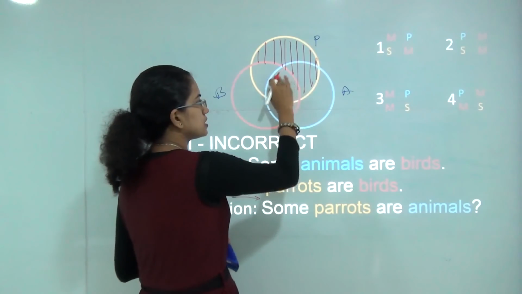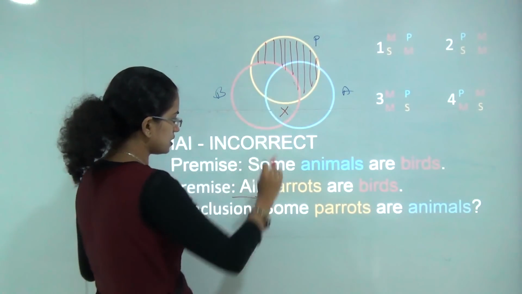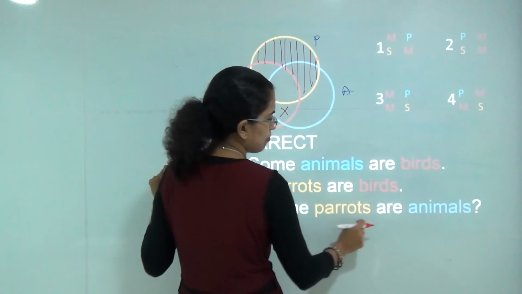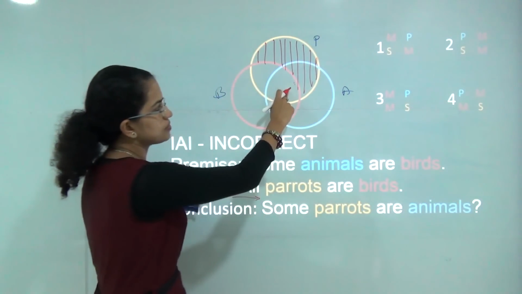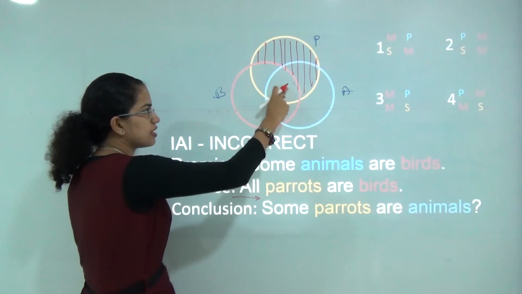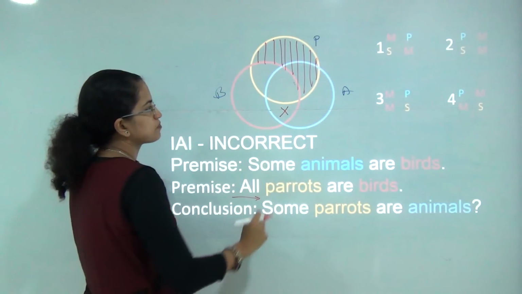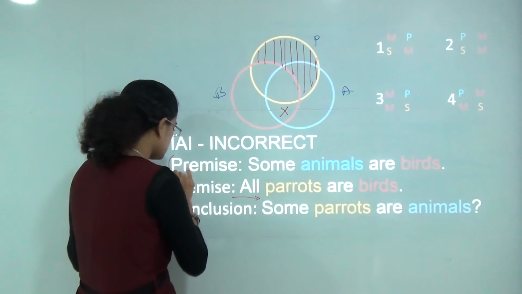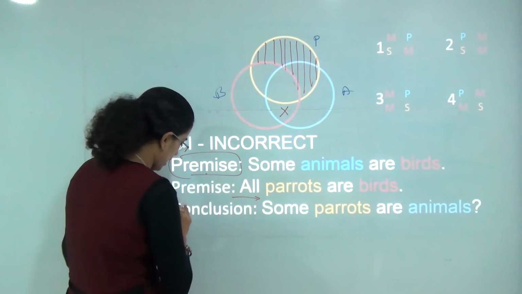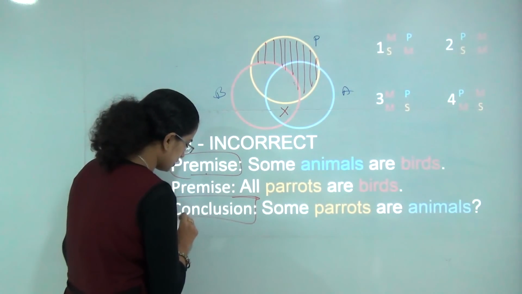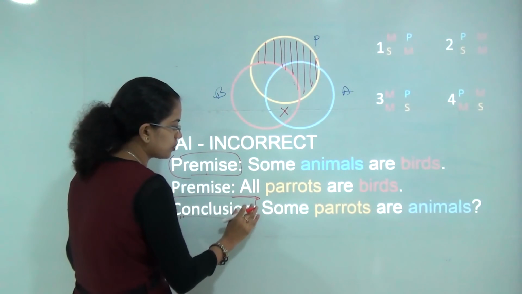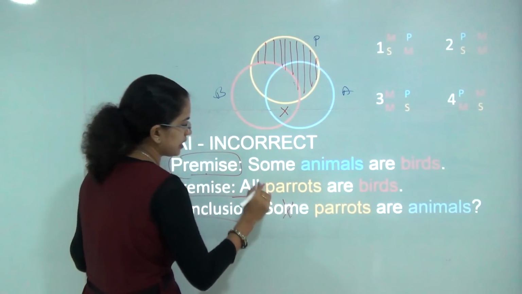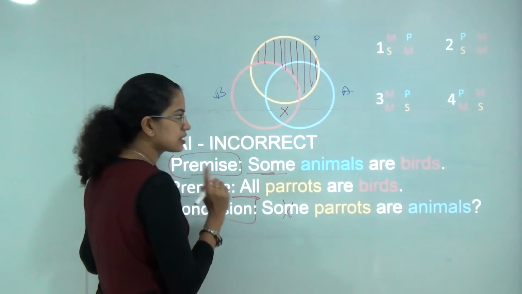So this region is a null region. If this region is a null region and I say some parrots are animals, that becomes incorrect, because here there are not some parrots that are animals. So based on these premises, I cannot conclude anything about this. I can conclude that this is incorrect if this is the premise that is given.